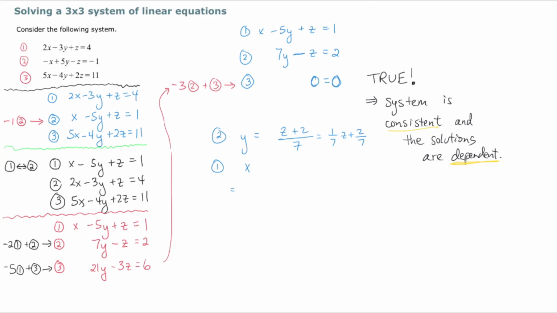x is now equal to 5y minus a z plus a 1. But we know what y is. 5 times 1/7 z plus 2/7. Here's my y. We need to subtract a z, so 7/7 z.